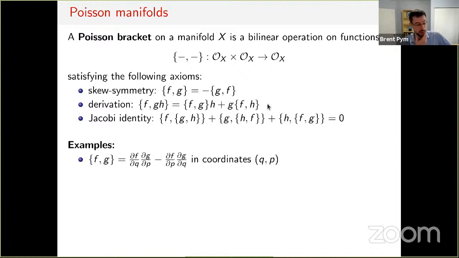The standard example, which probably most people are familiar with, comes from Hamiltonian mechanics. You have a two-dimensional space with coordinates q and p, and you define this operation on functions, differentiation with respect to q and p in opposite orders, and that defines a Poisson bracket.